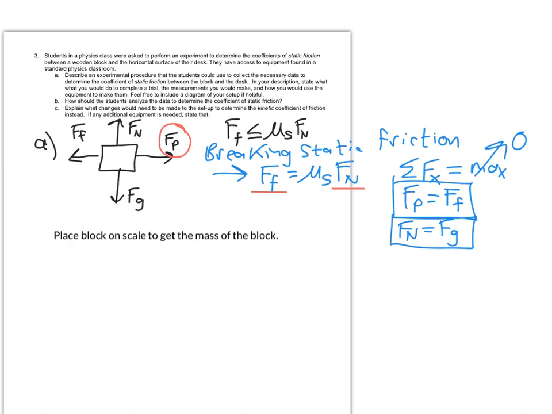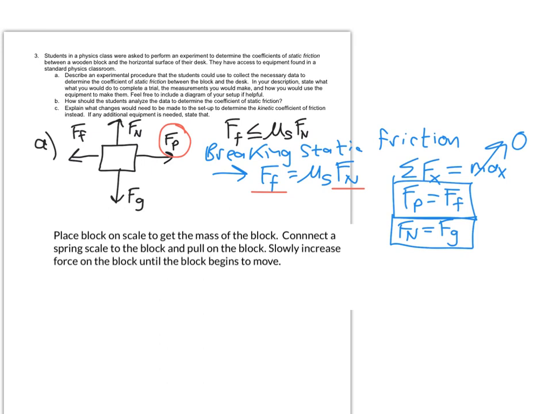So I'm going to start by saying: place the block on a scale to get the mass of the block. Next, I would attach a spring scale to the block. That's probably the easiest way to measure force, although you could also measure it with a force probe. Either one would be a valid way of measuring force. Attach a spring scale to the block, and slowly increase that horizontal force on the block until the block begins to move.